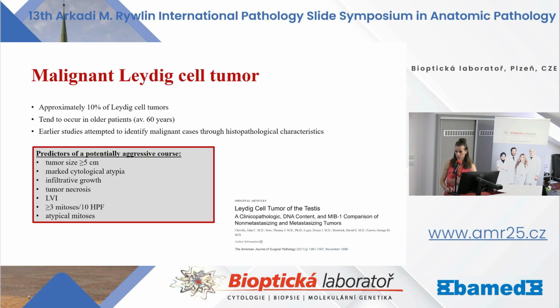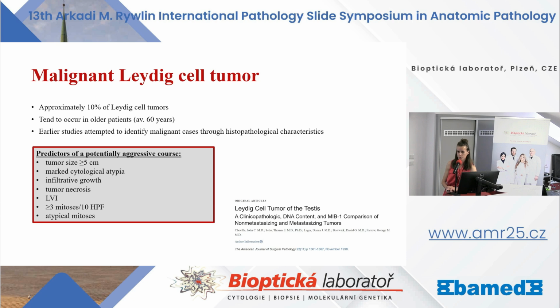Going back to Leydig cell tumor, the malignant Leydig cell tumors represent approximately 10% of Leydig cell tumors. So their incidence is similar to the sex-cord stromal tumors in general, the malignant spectrum. And the malignant cases in Leydig cell tumors are restricted to the adult population.